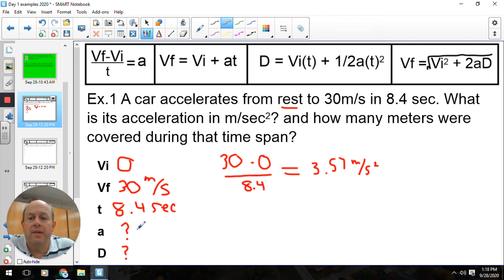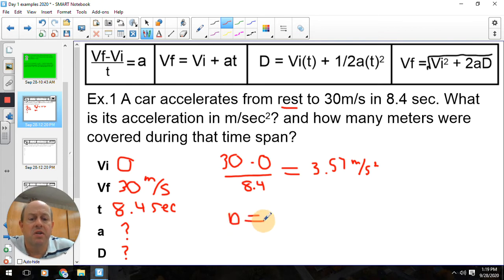Once we know that, then we can use, again, whichever equation will help us solve for the remaining pieces. So in this case, our distance equation right here, we don't know distance, but we know the VI was 0, 1/2. We now know acceleration, and we know our time. So let's just put that in there.